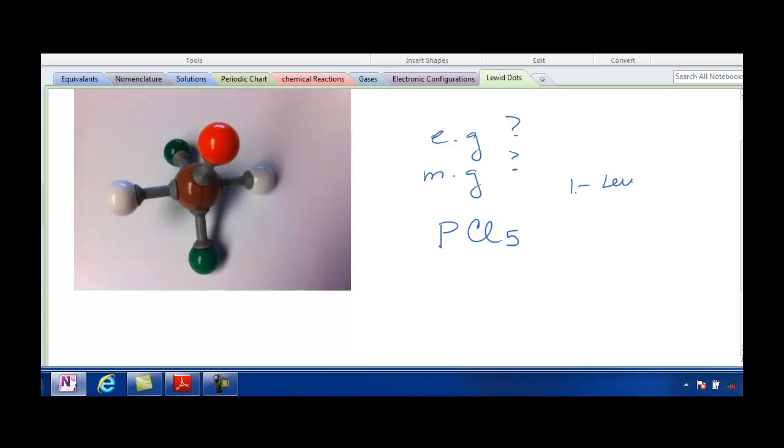Lewis. Whichever way you may. You snap it, you do trial and error. Then you count the number of electron pairs, meaning bonding pairs, lone pairs, around the central atom.